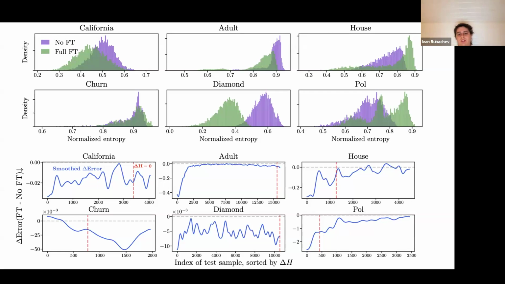And this basically is the case for most of the datasets. It's clearly seen on the Adult dataset, House and Pole, less clearly but also distinguishable at the left end of the plot on Diamond and California. The largest improvement from fine-tuning comes from the regions where the entropy decreased the most.